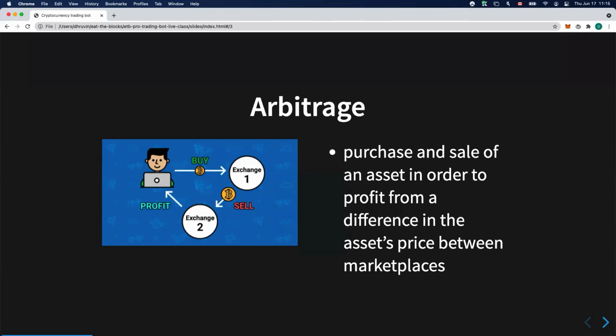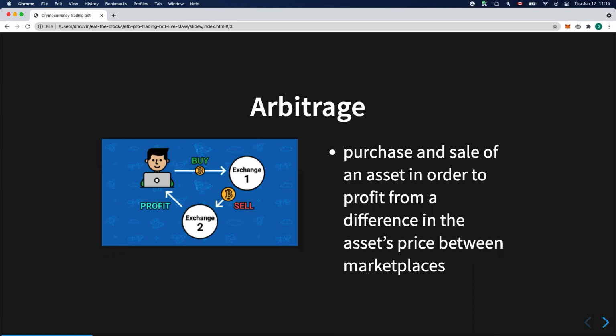If you have funds in exchange A, you're going to buy at the cheaper rate, and you're going to sell the same asset you bought from exchange A on exchange B, and you made a profit of 0.5 per unit. So if you purchase more units, you're going to get more profit. So that's a simple arbitrage.